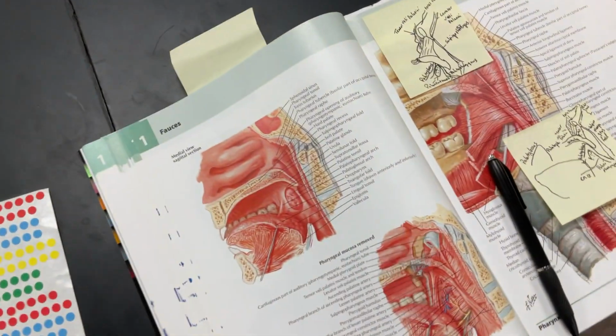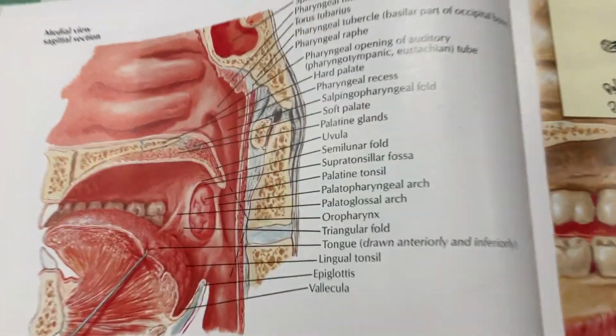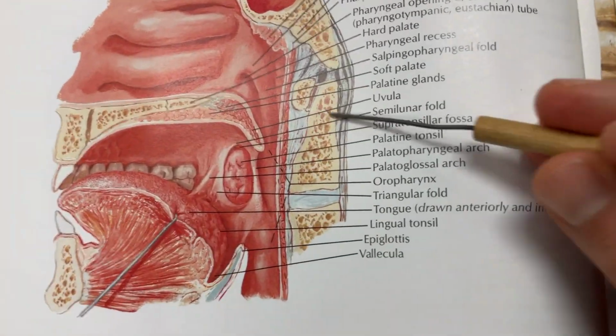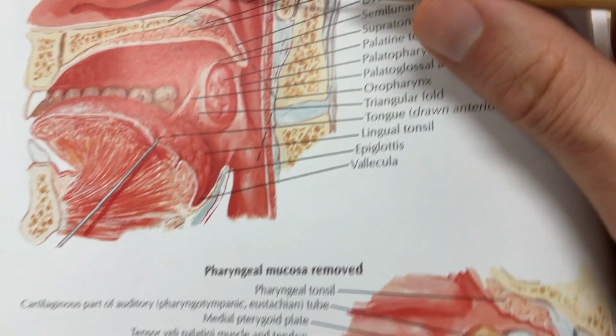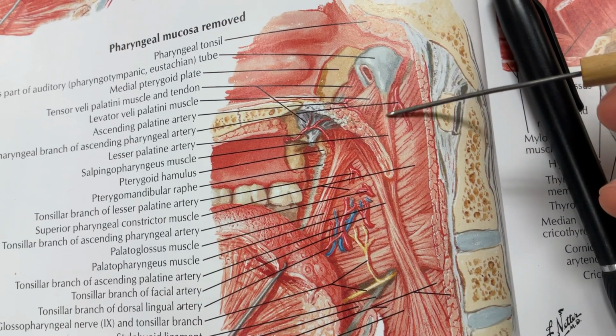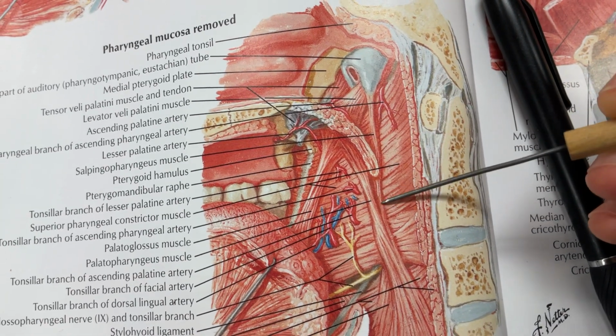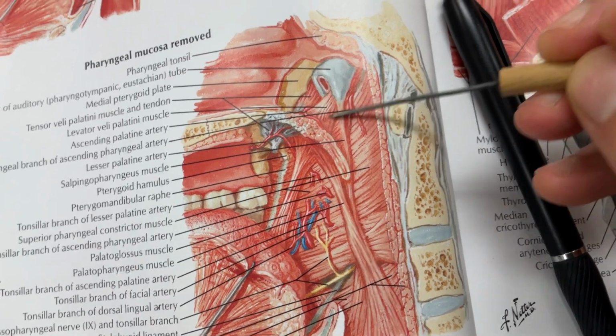Okay, now last thing we're going to do is take a look at this Netter's plate. I'm only showing you this so we can see the difference between a fold and the muscle. So a minute ago we were looking here and we were saying that these are folds, okay, of tissue. But underneath those folds of tissue, we actually see that there's muscle. So we can see that salpingopharyngeal muscle right through here. You can see that levator veli palatini right through there.